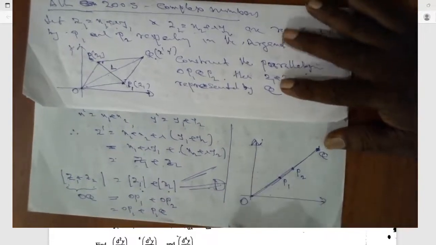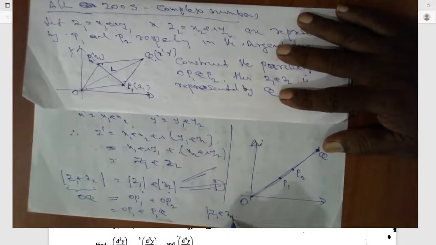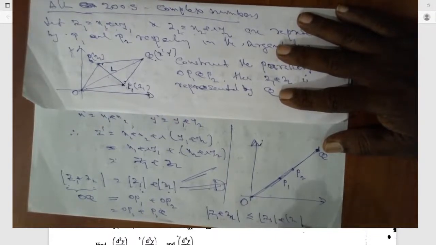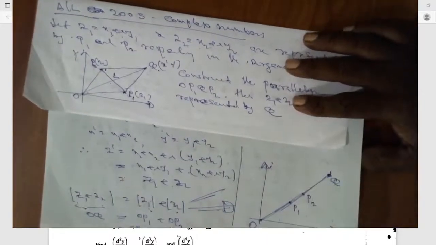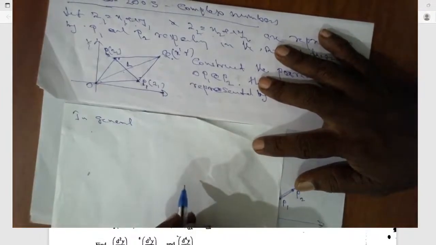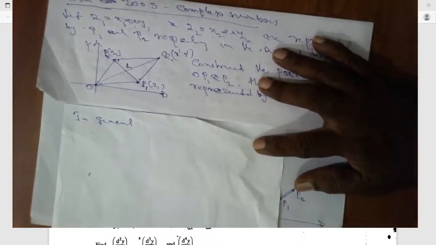Now, what is the general case? In general, modulus of C1 plus C2 is less than or equal to modulus C1 plus modulus C2. In a triangle, the sum of two sides is always greater than or equal to the third side.